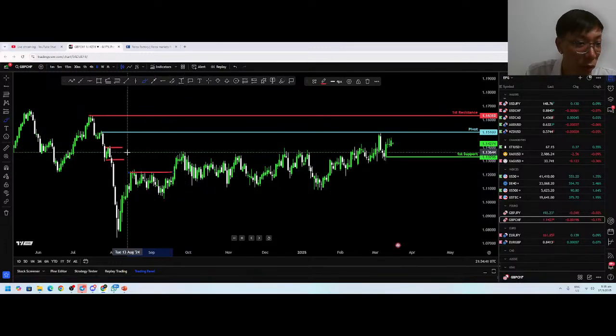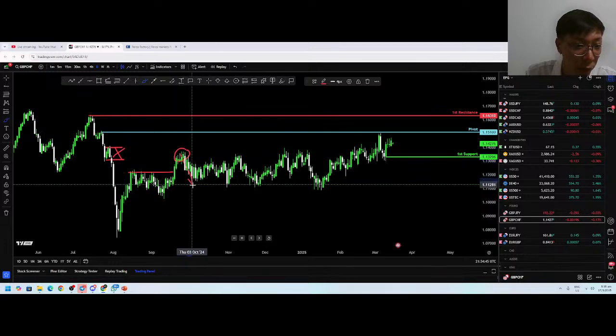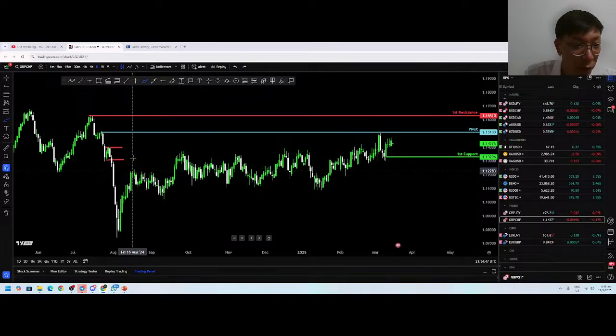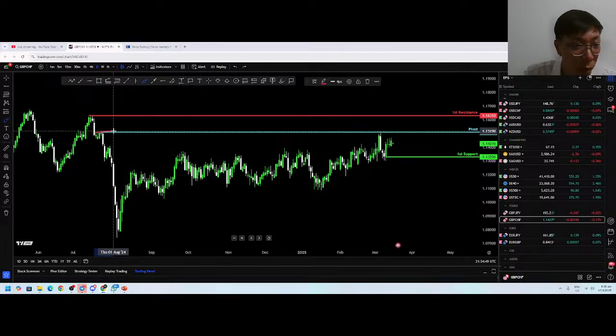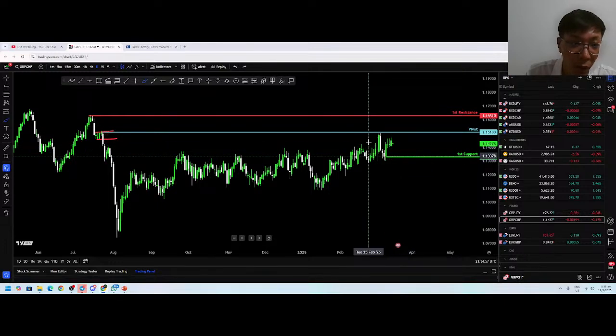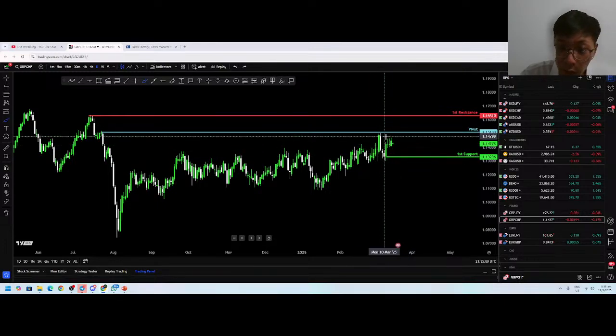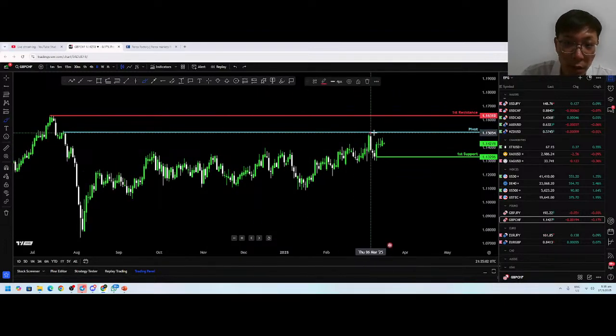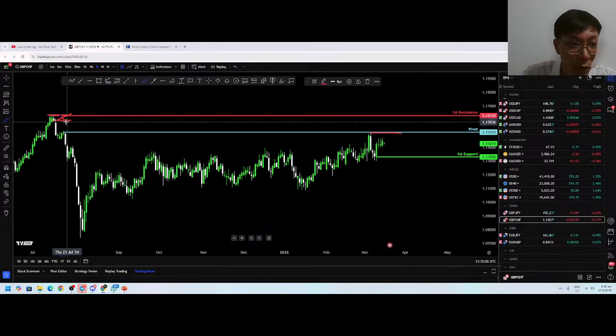So the next level is this level, that's why it came down from here. Then the next thing to look at is how price might react to this level. Price actually came down, but there is a high probability for price to take out these highs and react to this level over here.